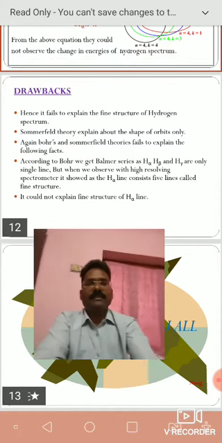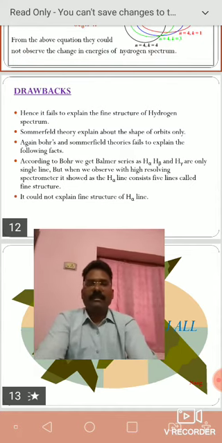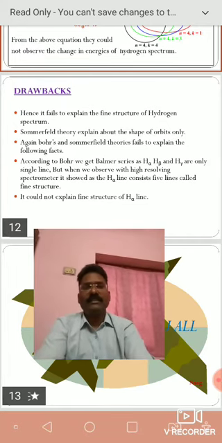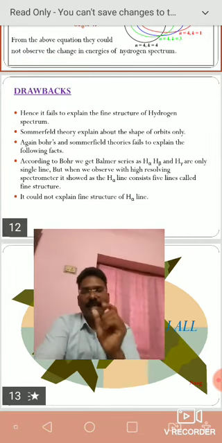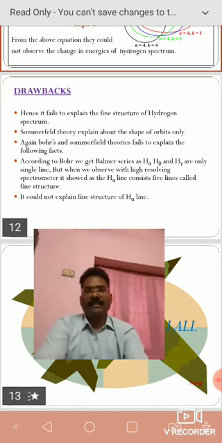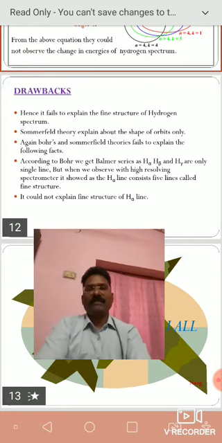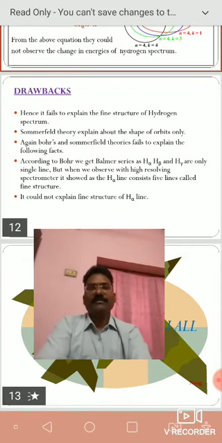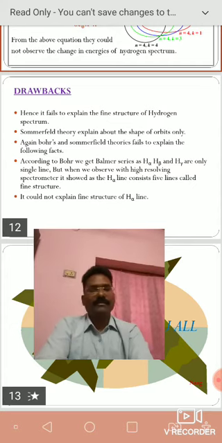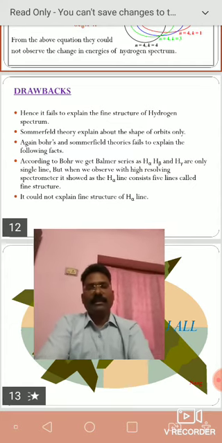H beta line is not a single line. H gamma is not a single line. When we observe with a high resolving spectrometer, each line contains a group of lines, that is fine structure. Bohr's and Sommerfeld theory could not explain the fine structure of H alpha, H beta, H gamma.